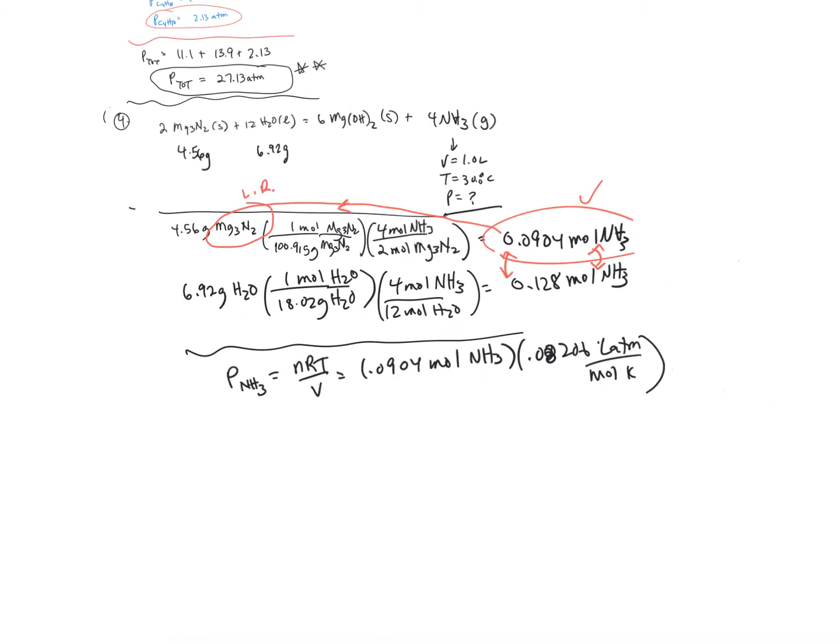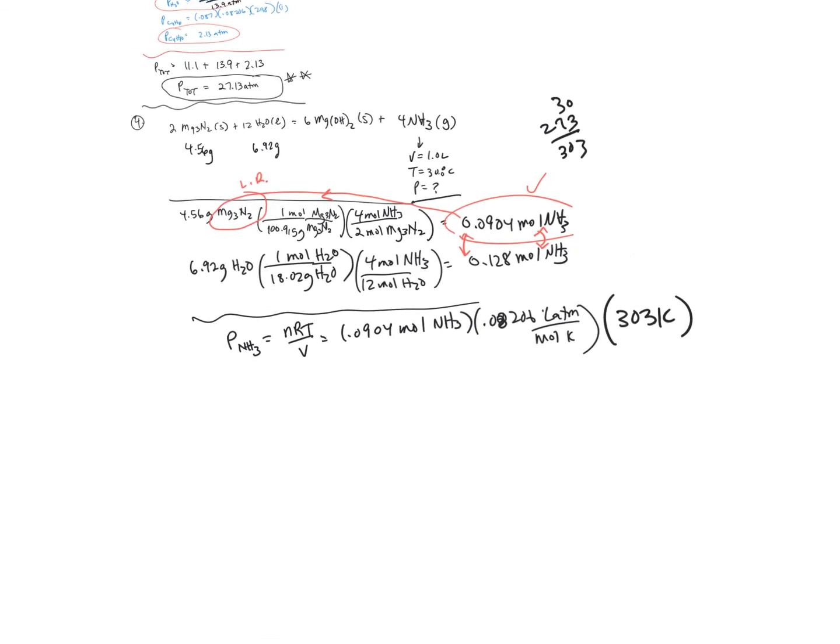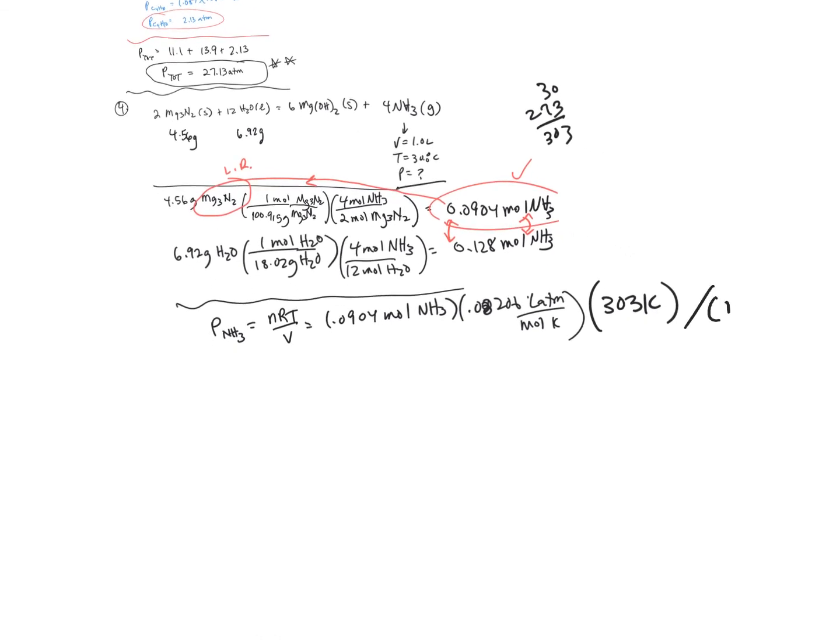Temperature is 30 degrees, so 30 plus 273, so it's 303 Kelvin. And then you have 1 liter again, so this one is divided by 1 liter. So the pressure here is calculated to be 2.25 atmospheres. That's quite a bit, 2.25.